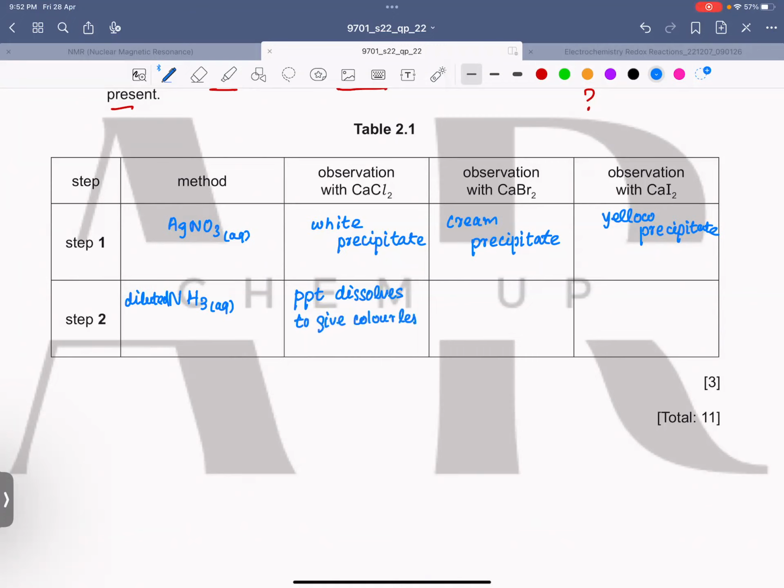So how can you differentiate between bromide and chloride? Bromide also dissolves, and iodide does not? The precipitate dissolves partially in bromide. Sir, is it necessary to write partially? Yes, because not all of the precipitate dissolves, only some of the total precipitate dissolves.